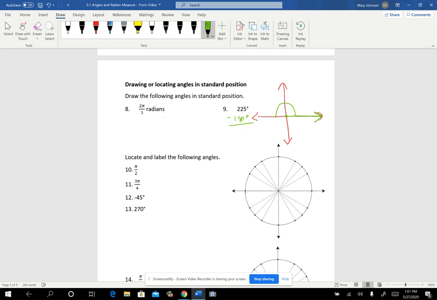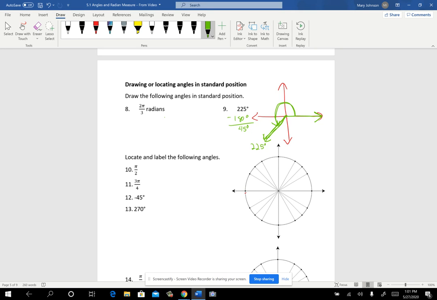That means I would have used up 180. So I'd still have to go another 45 degrees, which would be halfway between those two, okay? And so my angle would be all the way around to there. That would be the location for 225 degrees, okay?